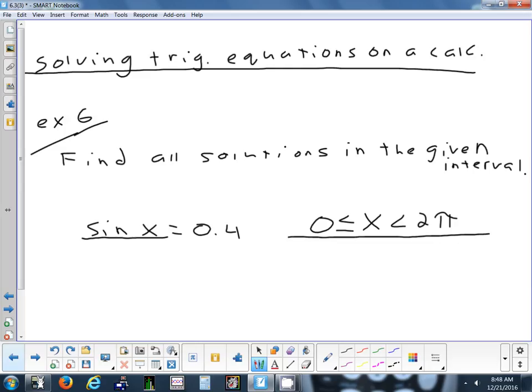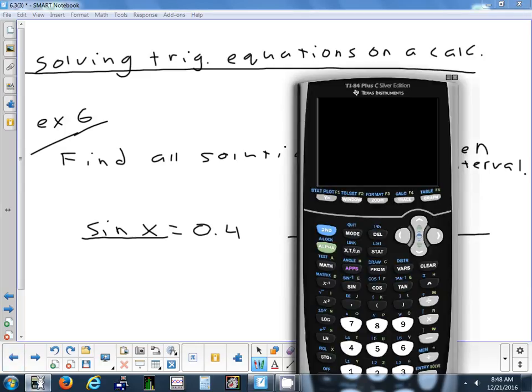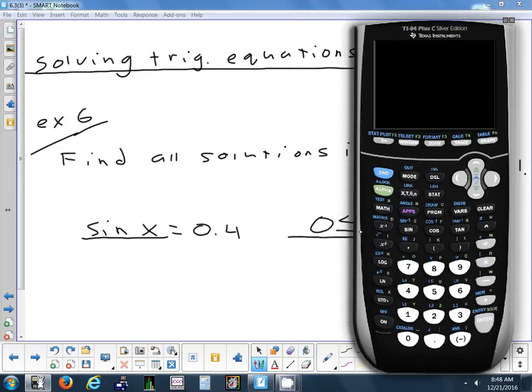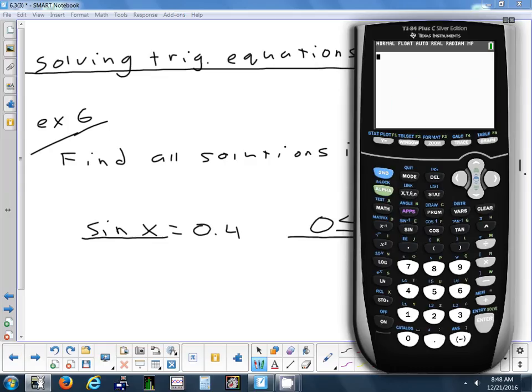Let's graph this and see if we can find the solution. How would I solve this graphically? What would I do with sine x and what would I do with 0.4? Put one of them as y1 and the other as y2.